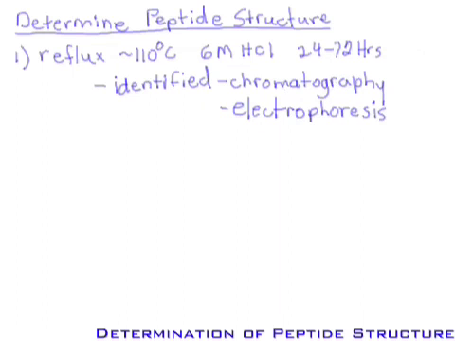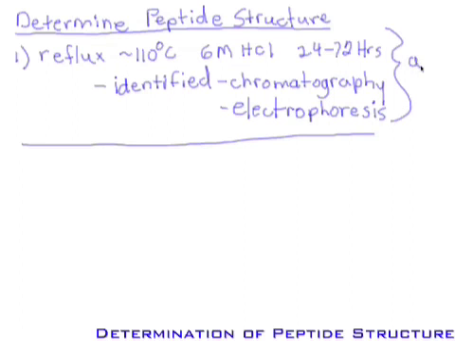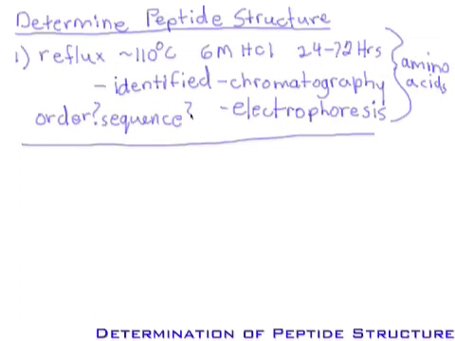However, we have a problem with this. This just identifies what amino acids there are. It identifies them, but it doesn't give you the order or sequence of the amino acids.